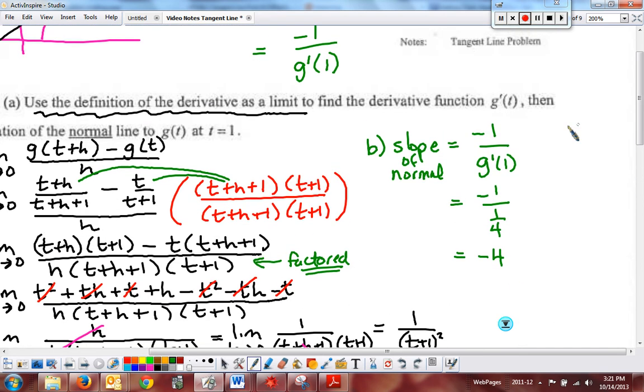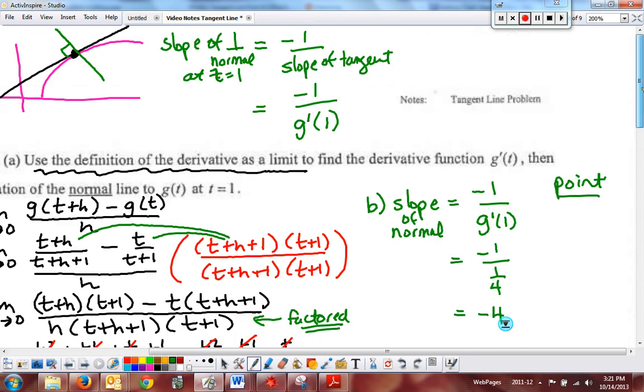Now what point are we going to use? If you take a look back up at our picture, it goes to the same point that we had earlier. So our point was c, f of c, which in this case would be 1, f of 1, except I'm not on f. What am I really on? I'm on g. So I need 1, g of 1 to find the point.